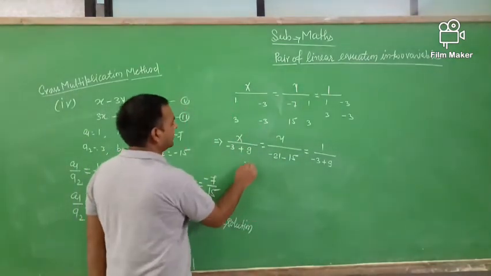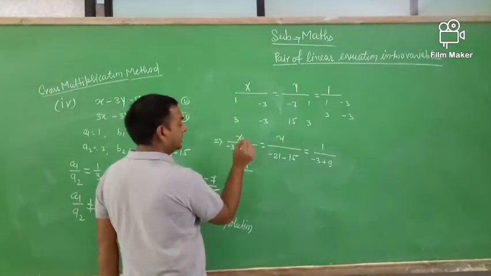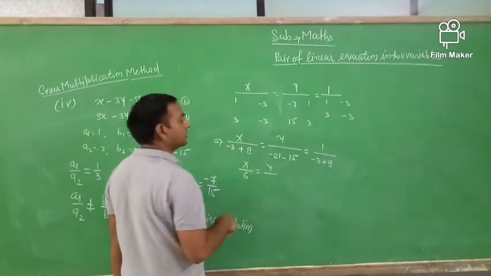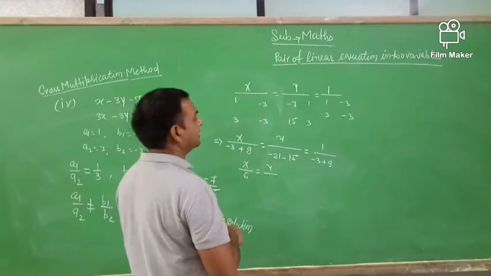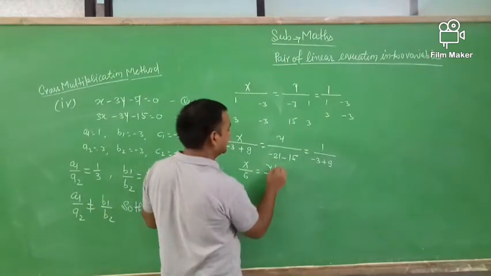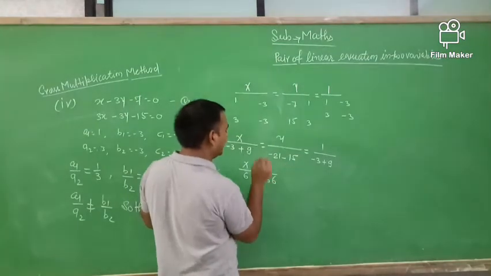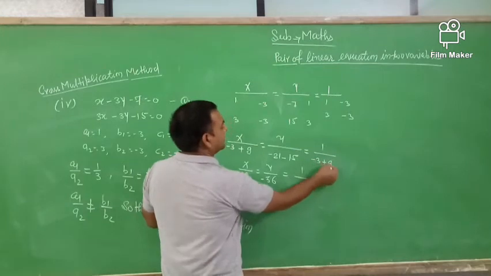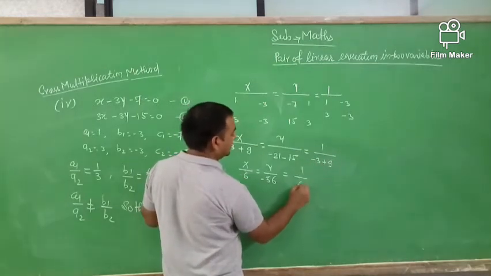So this is x upon minus 3 plus 9, which is 6, y upon minus 21 and minus 15, so this is 21 plus 15, which is 36, so this is minus 36, is equal to 1 upon minus 3 plus 9, so this is equal to 6.